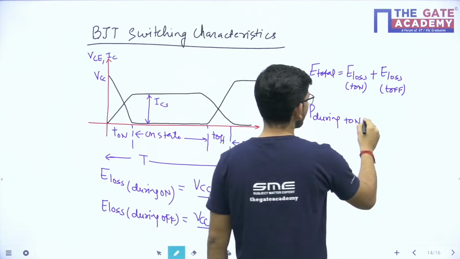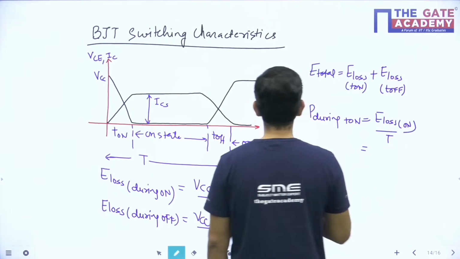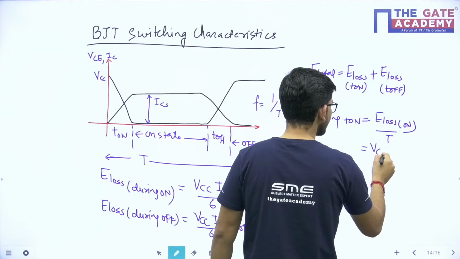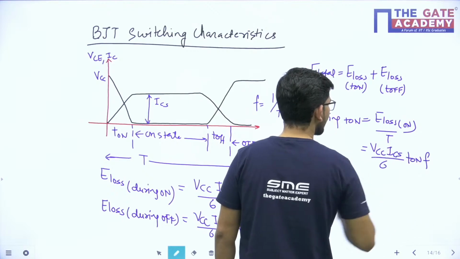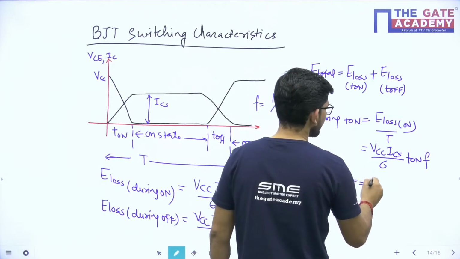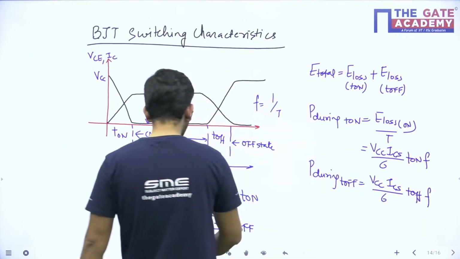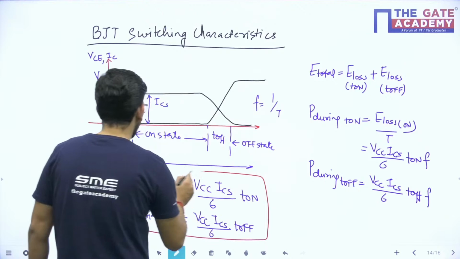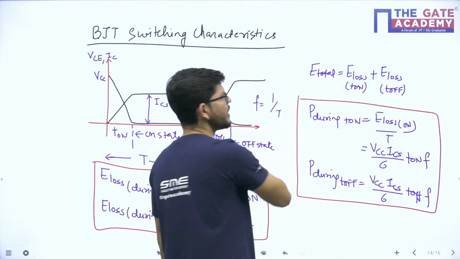The power during T on will be the average losses, so E loss during on divided by T. You know that F is 1 upon T, so you will write E loss during on, VCC ICS upon 6 T on, into 1 upon T, that will become F. Similarly, power during T off will be equal to VCC ICS upon 6 T off into F. So these two formulas are very important to calculate the energy loss and power loss, and the frequency of this topic is very high as far as the GATE exam is concerned.